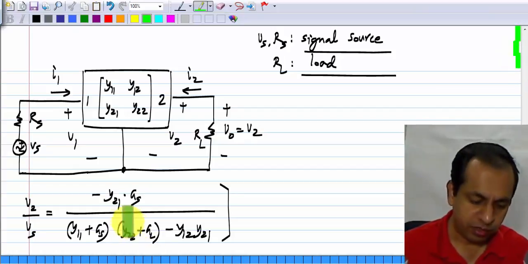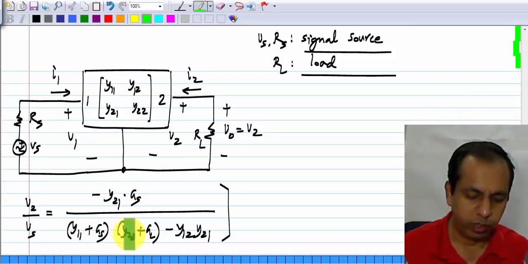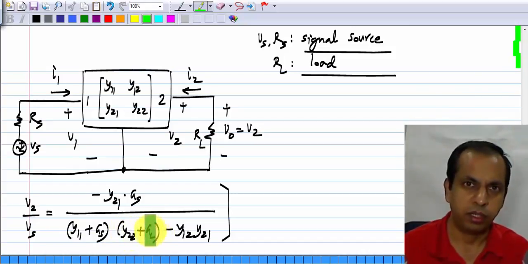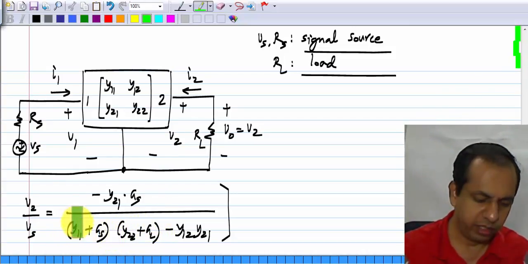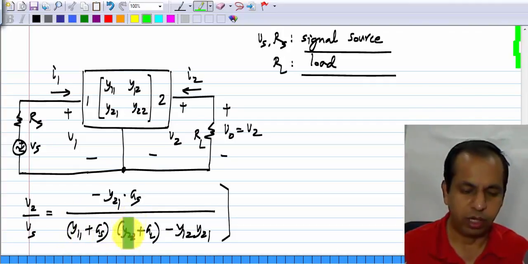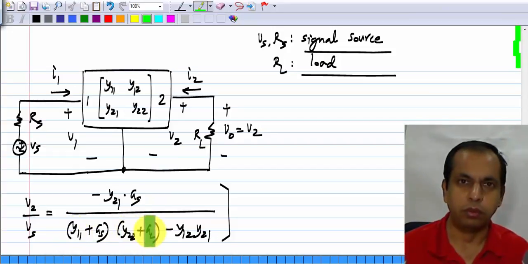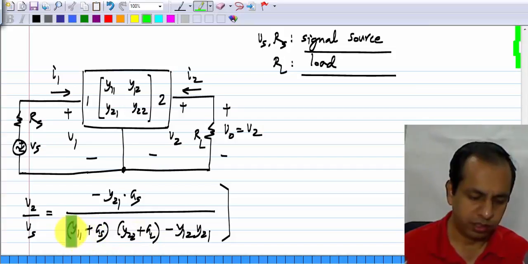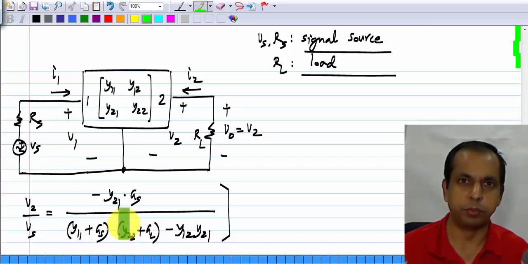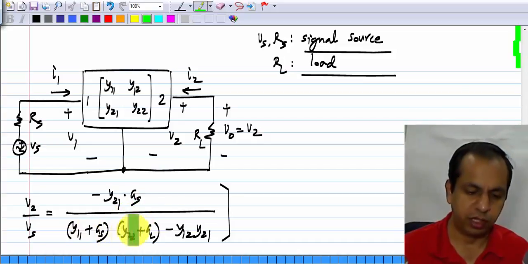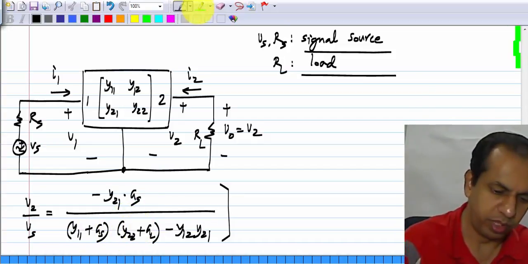So y11 adds to the denominator, and y22 adds to a term in the denominator. So to maximize the gain, clearly y11 has to be 0 and y22 has to be 0. Again, y11 and y22 add to terms in the denominator. So to maximize the voltage gain, these two quantities have to be as small as possible, and because we assume them to be positive, we will say that they have to be 0.